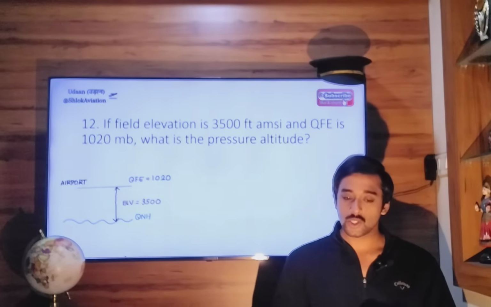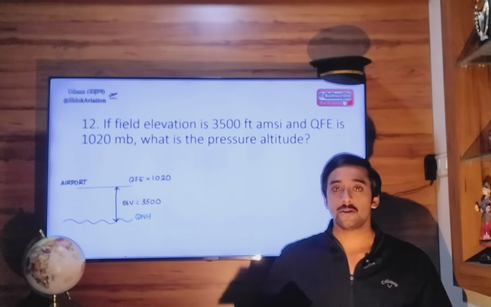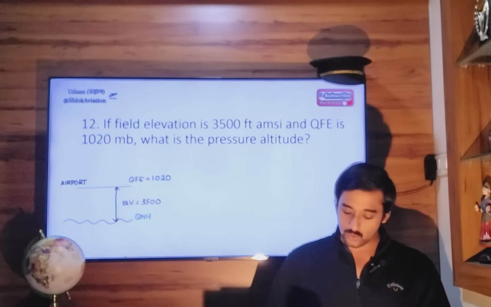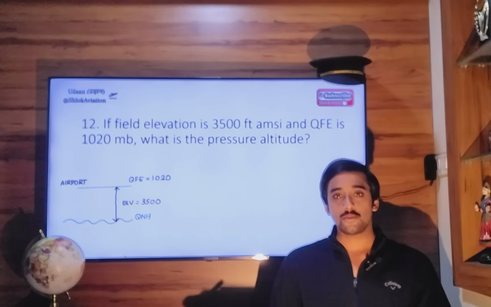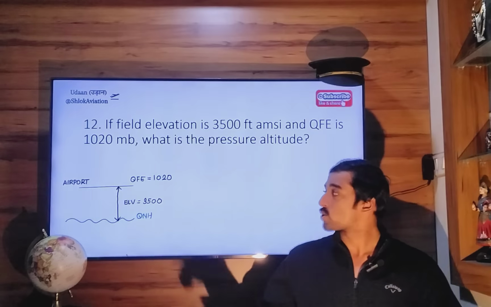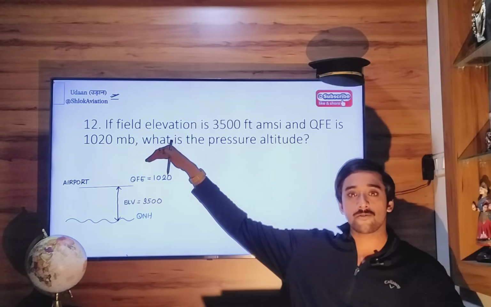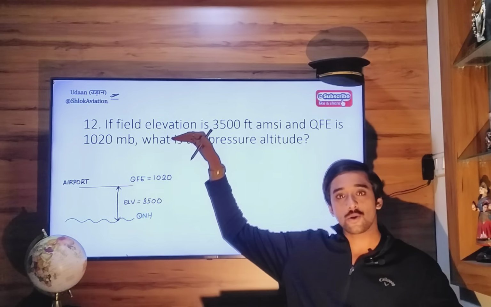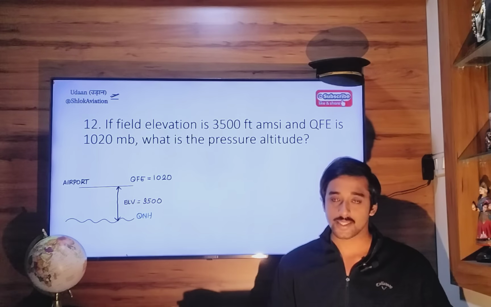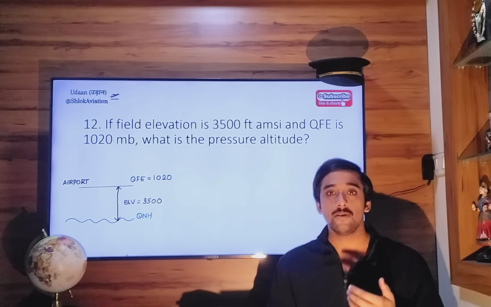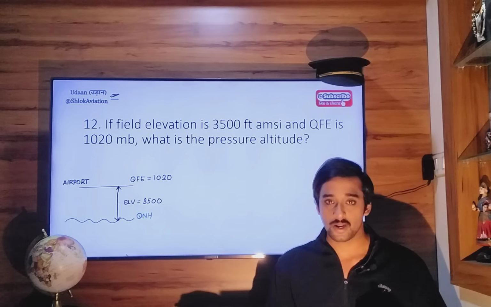Now pressure altitude is always measured from standard pressure setting 1013. Now you can see here QFE is 1020. Standard pressure setting value 1013 is going to be located above QFE 1020, because as you go to higher altitudes, atmospheric pressure decreases. So 1013, which is less than 1020, will be found above 1020 pressure level.